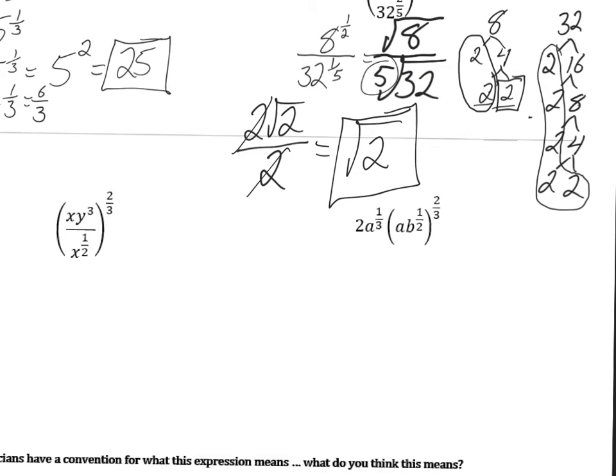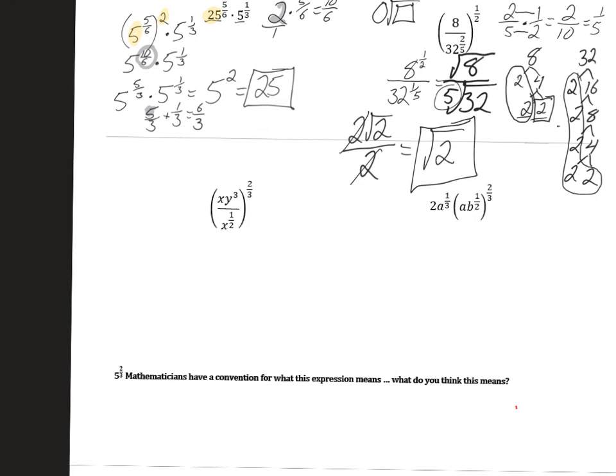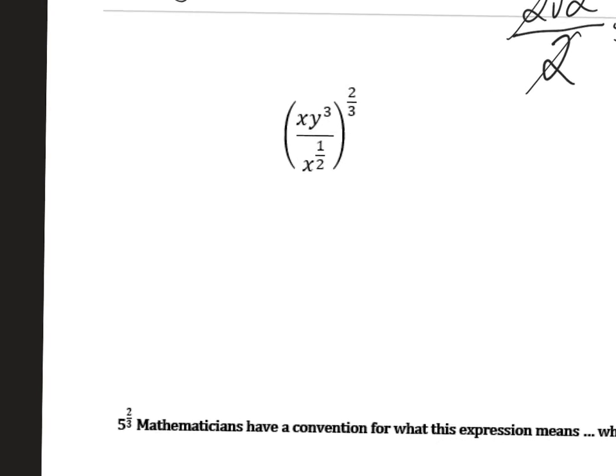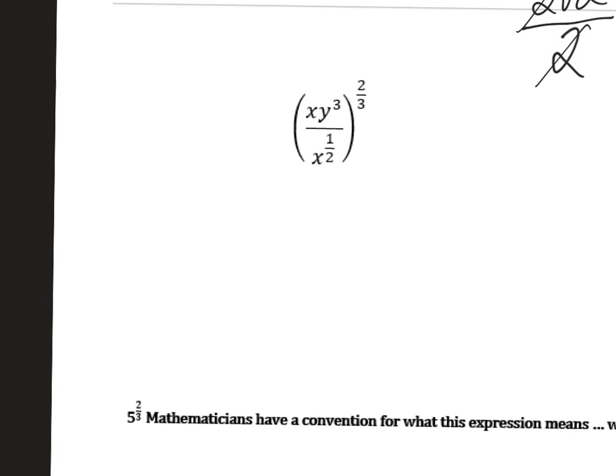Okay, these ones are a little bit harder just because they're actually like full-on numbers. The next ones are going to be with variables. So let's go ahead and take a look at this. We have xy to the third over x to the half, all to 2/3. So very first thing we're going to do is we are going to distribute this 2/3 to everything that is on the inside.